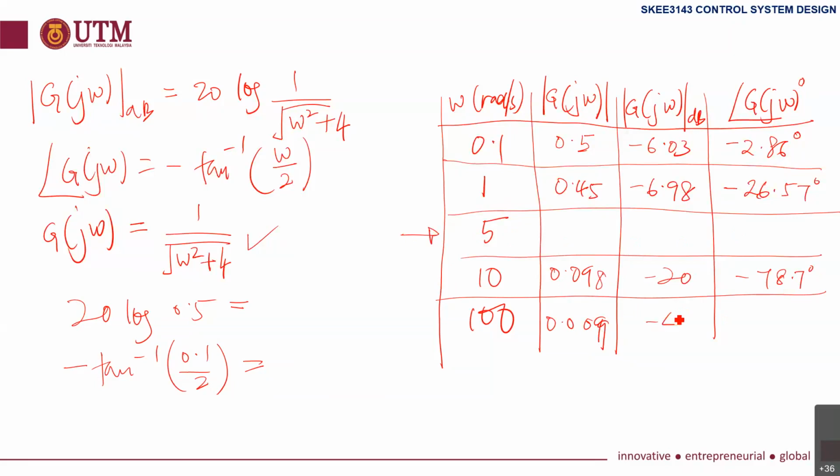Here minus 40, minus 88.8 degrees. Yeah, I want you later to redo so that you make sure you get about the same. This is the table in which we can use the data to plot a graph.